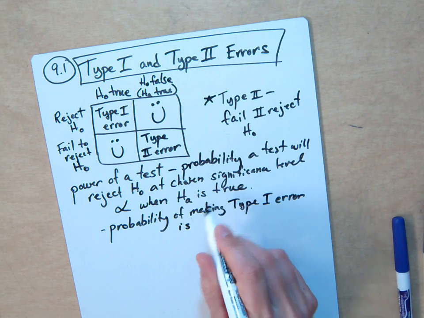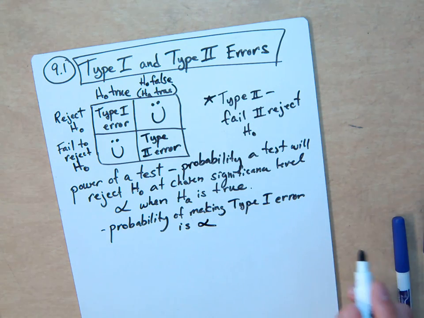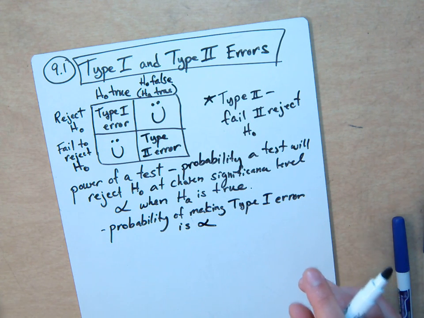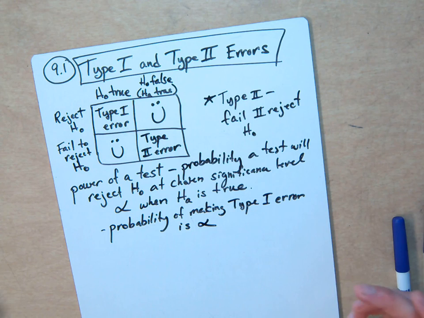Since, for example, if alpha is 0.05, we would require data to give evidence against H naught so strong it would only happen less than 5% of the time by chance. So the probability of making a type 1 error is alpha.